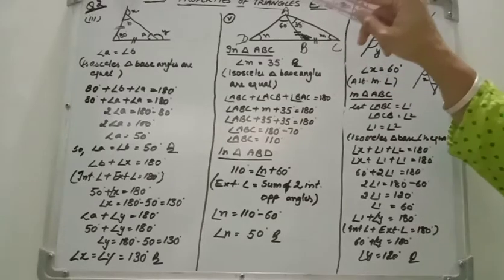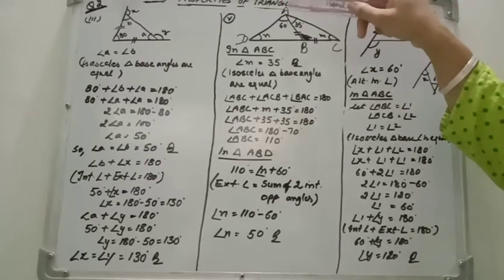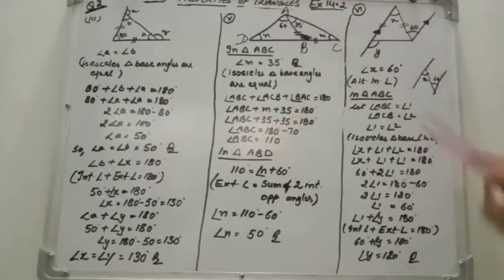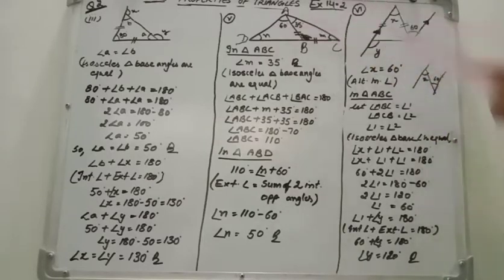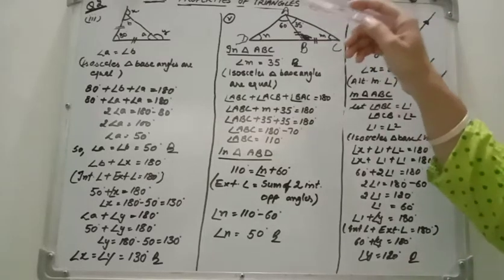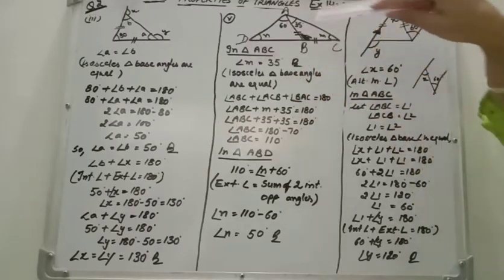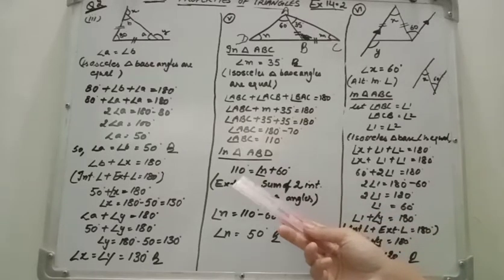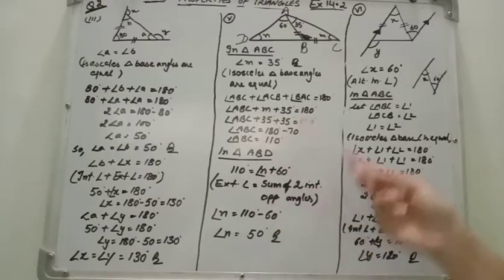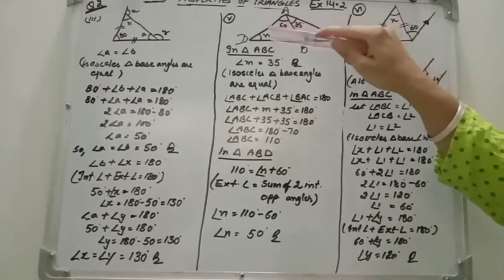Now we take triangle ADB, otherwise you can say we take angle ABD. Now see, two triangles are there. For triangle ABD, this side is the exterior angle. So we take 110 is equal to n plus 60. This portion is exterior and these two are interior.